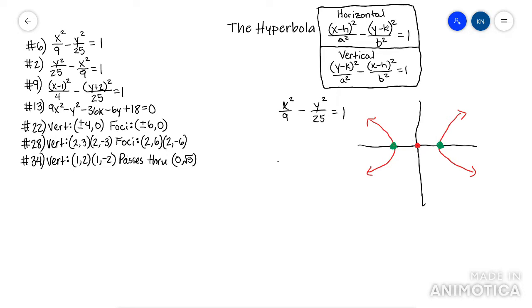Well, that distance is A. Looking at this, A squared came first, so A is 3. So that means the vertices are at 3, 0 and negative 3, 0.